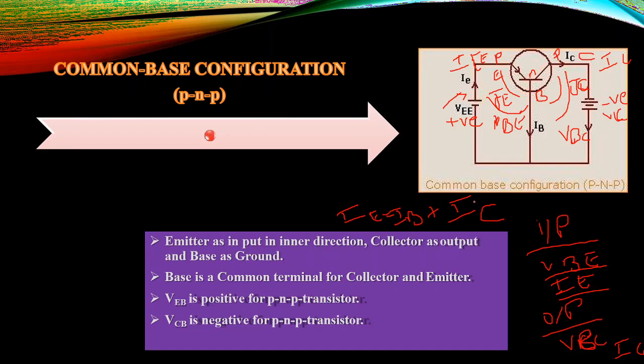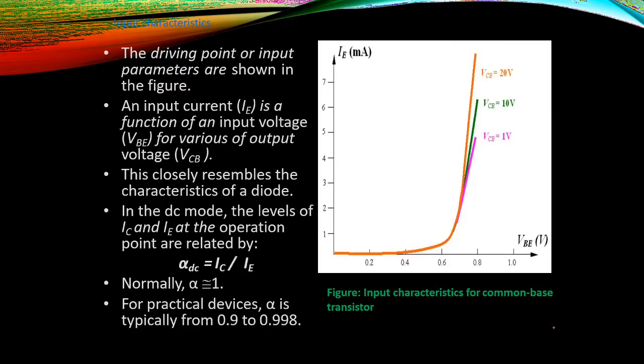So input characteristics are nothing but, whenever we change the input voltage, how much the current we get; that will be the input characteristics. The output characteristics in this case are, if I change the VBC voltage, how much the collector current will increase. This is the phenomenon we have to observe. First, we will discuss the input characteristics.